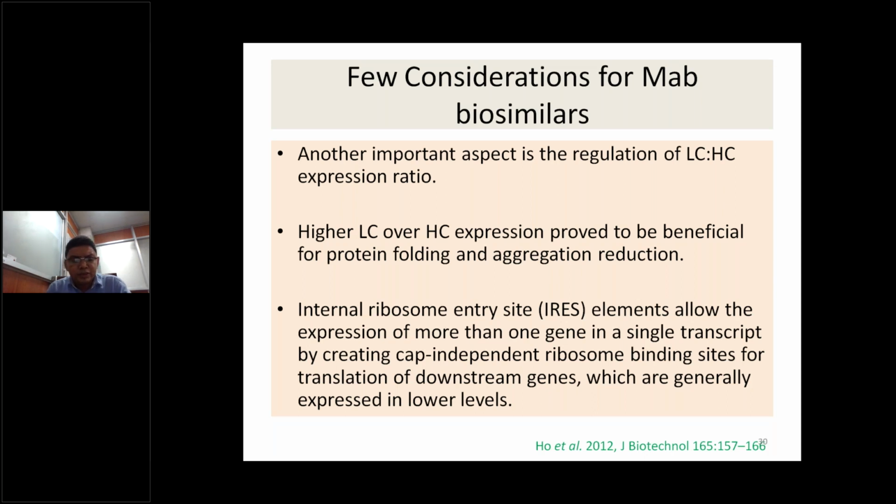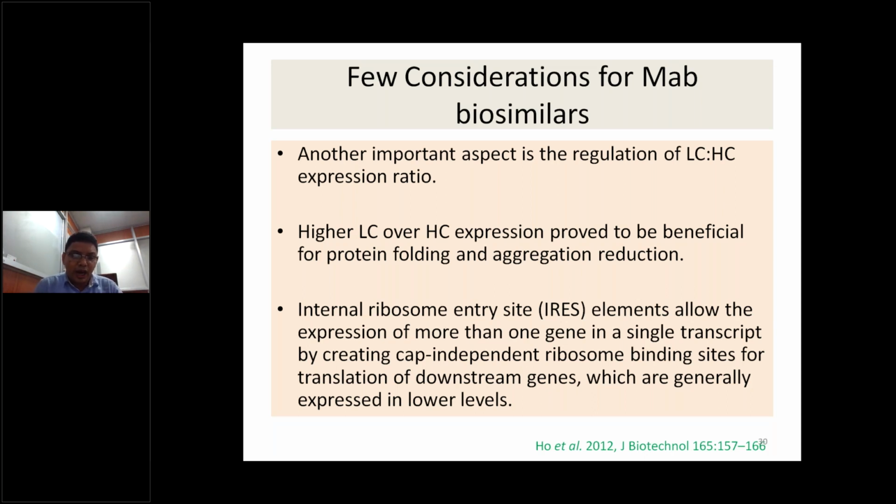And then there is another concept of IRES, the internal ribosome entry site, which allows the expression of more than one gene in a single transcript by creating cap independent ribosome binding sites. So IRES are the internal ribosome entry sites which allow the translation of a product. In the eukaryotic expression system, the mRNA needs a 7-methyl guanosine cap at the 5' end.